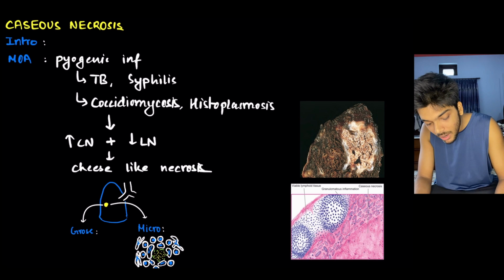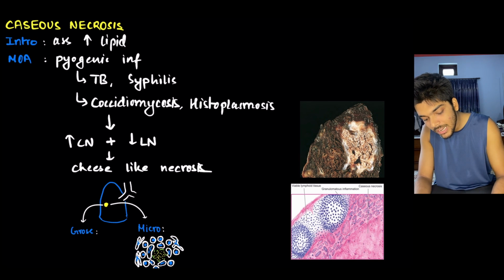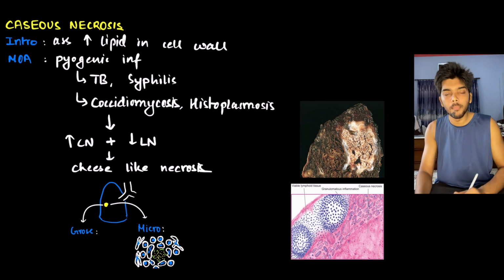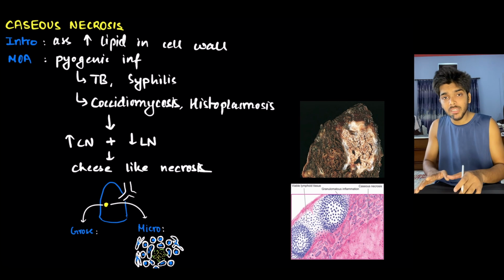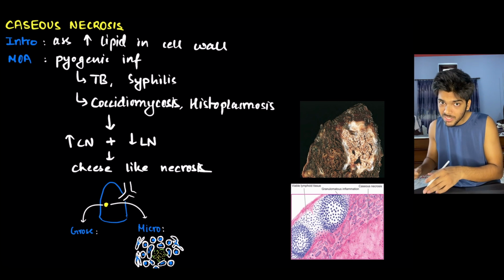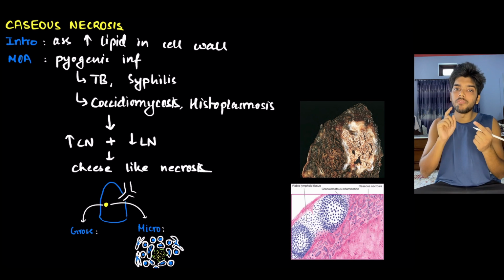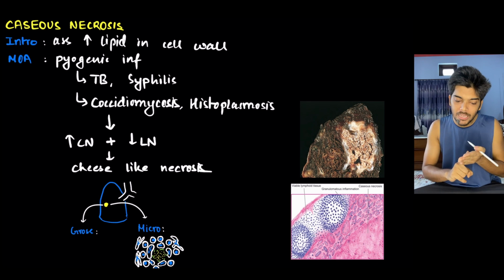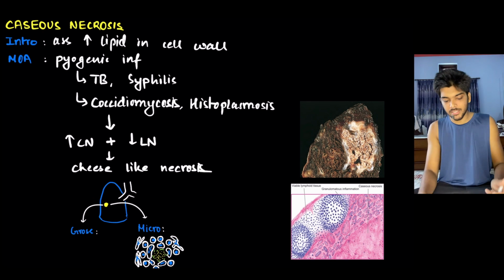Now this is because of the association of a high level of lipid in the cell wall. That is why. So remember, pyogenic infection leads to formation of pus that has liquefactive necrosis, except in case of tuberculosis, syphilis, coccidiomycosis, and histoplasmosis, where caseous necrosis is seen.